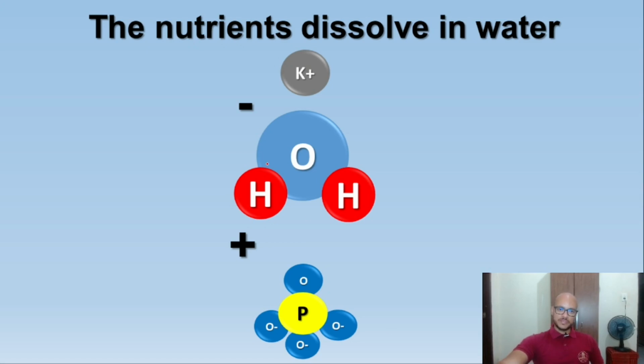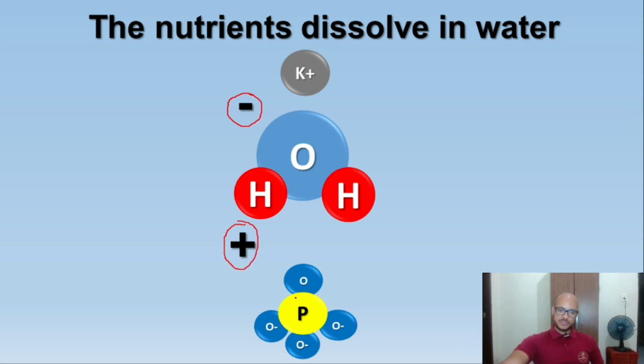And it's really important because this charge means the ion can dissolve in water. So the nutrients dissolve in water. For example, water has a negative charge and a positive charge.